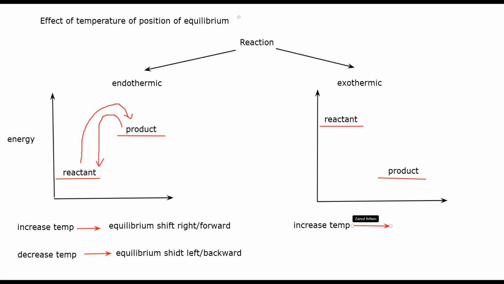It will shift towards reactant side because I'm supplying energy. So most of the energy is absorbed by the product and the product will form reactant back again. So if product is forming more reactant, what do we say, equilibrium shifted towards left or backward.